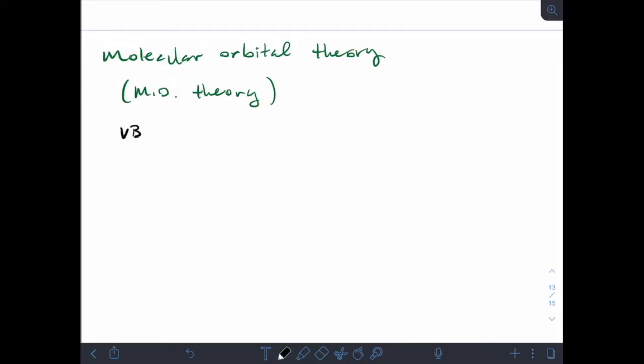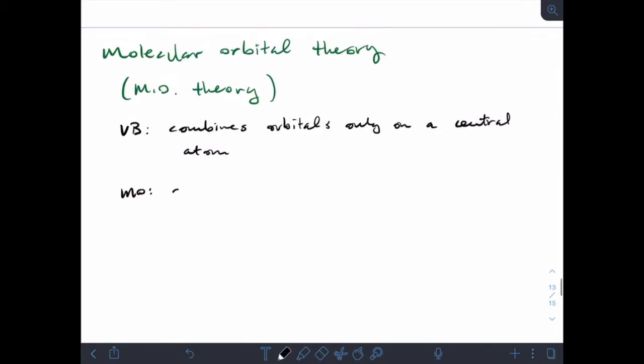So valence bond theory combines orbitals only on the central atom. On a central atom. MO theory, molecular orbital theory, combines orbitals on all atoms. Not just a central atom.